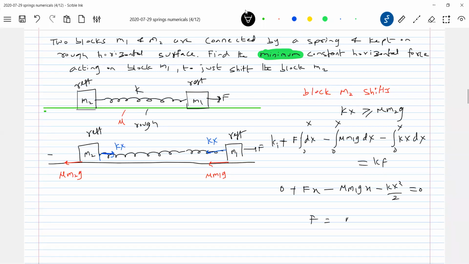So solving this, we get the expression for F. What is the minimum value of F? F will become minimum when you substitute kx equal to mu m2g by 2.